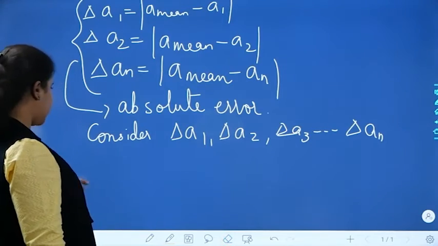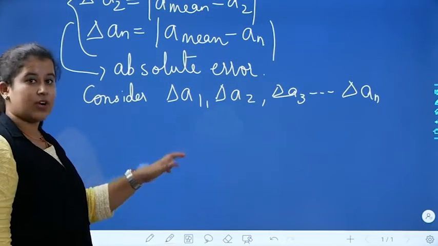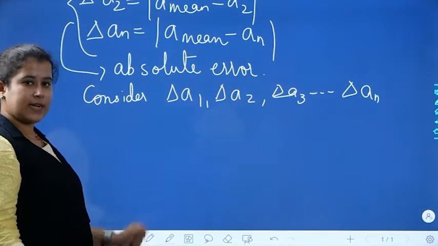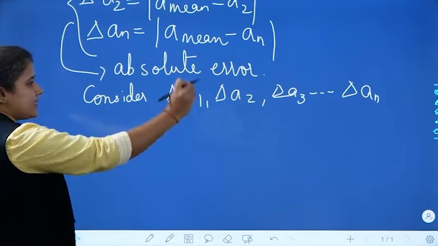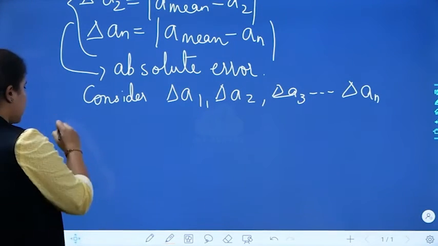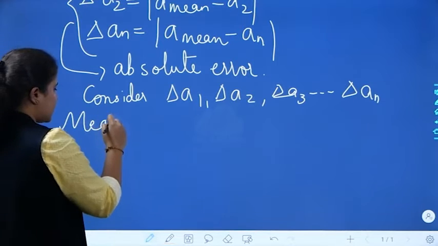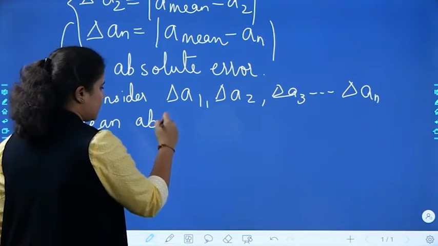So as I get it, these are all the absolute errors. So next I'll just take the mean of this. So that is called mean absolute error.